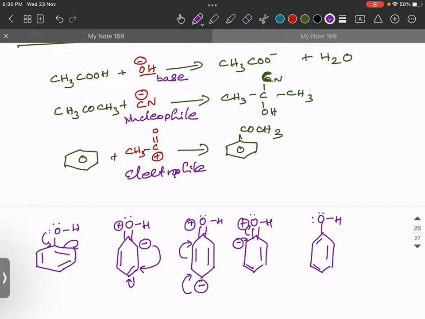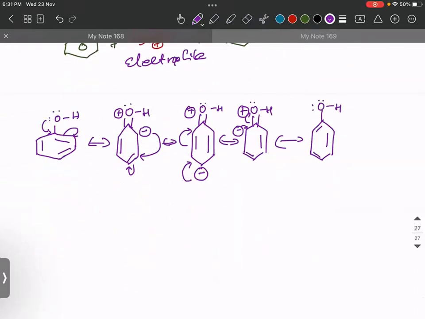So always you have to put the symbol like this. Suppose you have benzaldehyde.